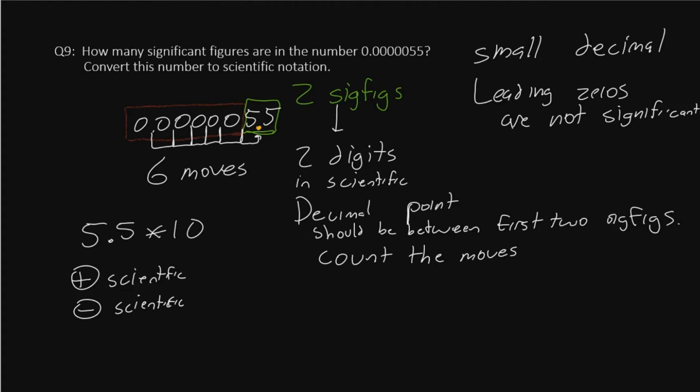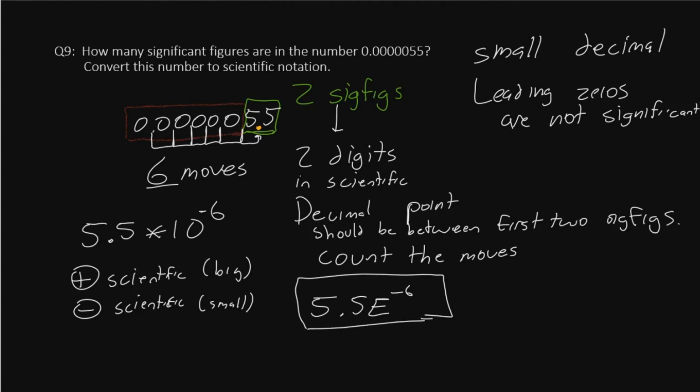Since we had a small decimal, we would use negative. If it was a big number, we would use positive. So since we have 6 moves, we put a 6 there, and we say -6. It is okay to say 5.5 capital E -6. Either one of these is okay.